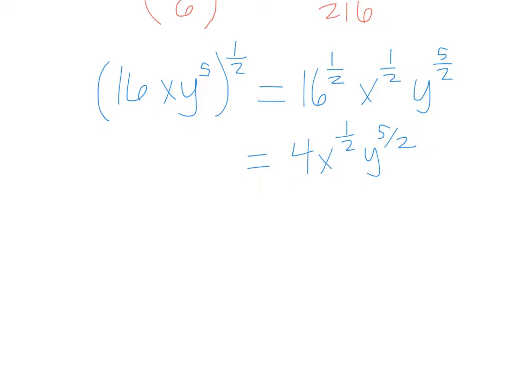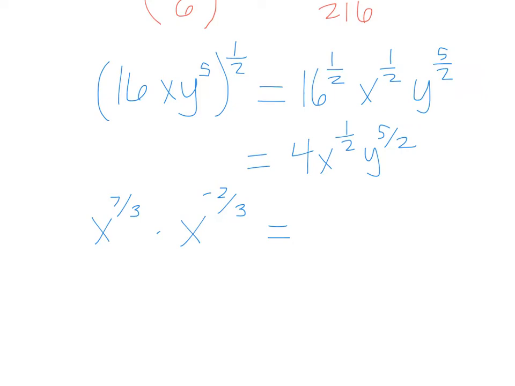All right, let's look at another one. Let's take x to the 7/3 times x to the negative 2/3. We want to simplify that, which means we want to write the base x one time, and we want positive exponents.